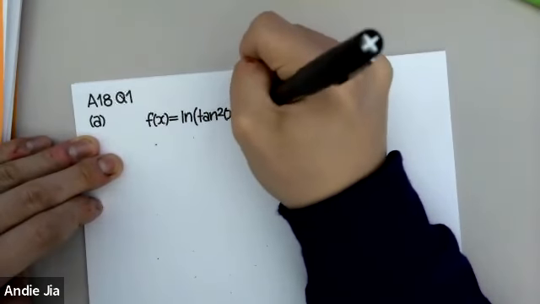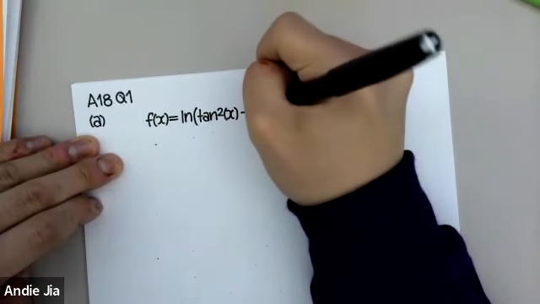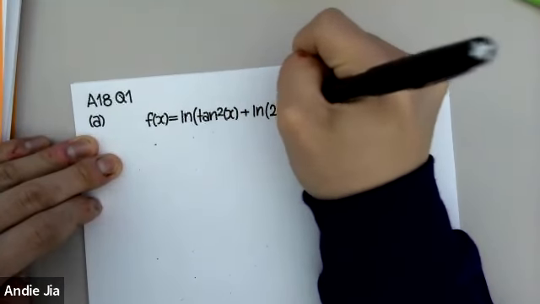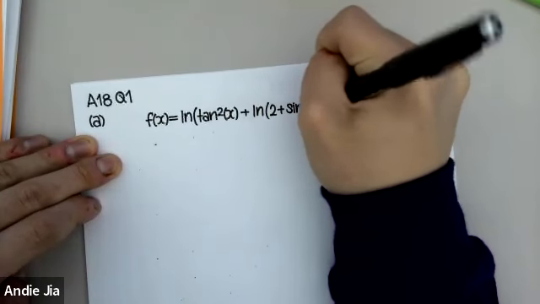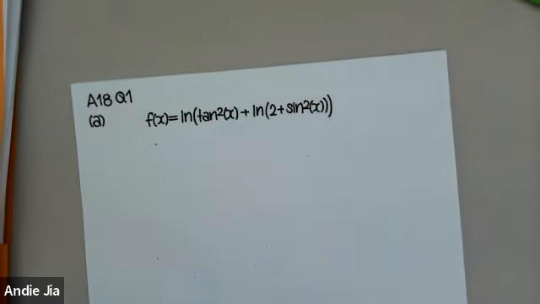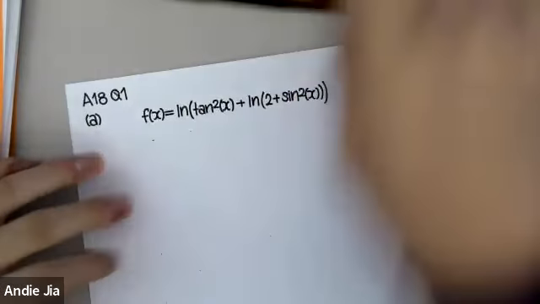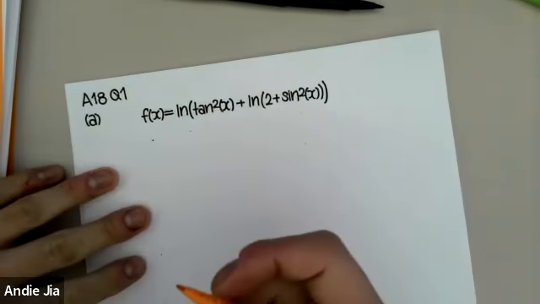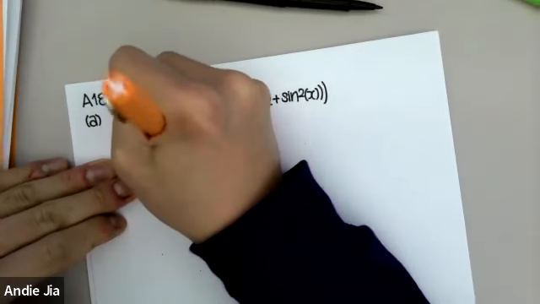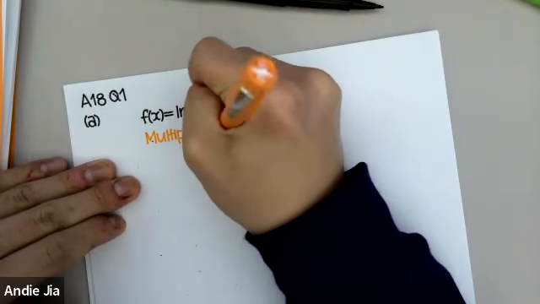It was the natural log of 2 plus, jeez. This is a mega combo of chain rules. Multiple chain rules.